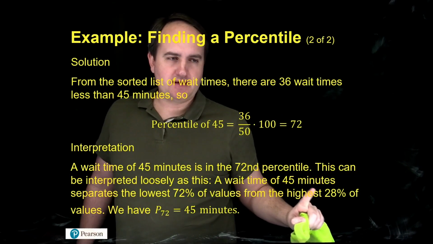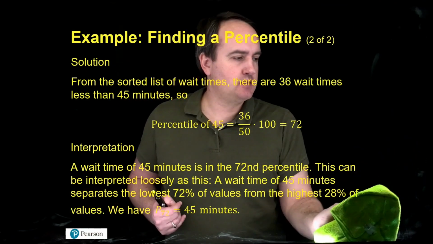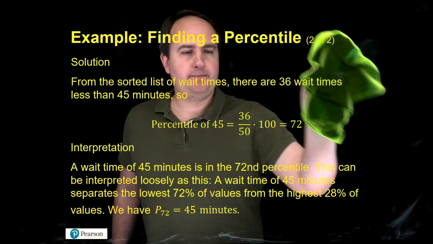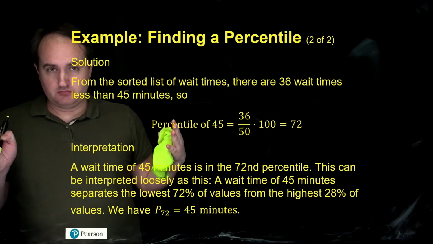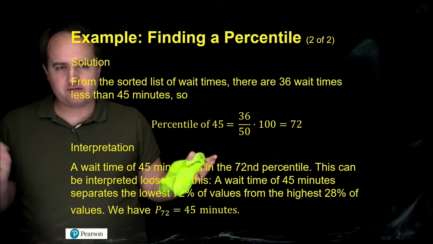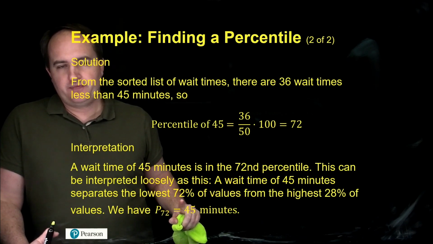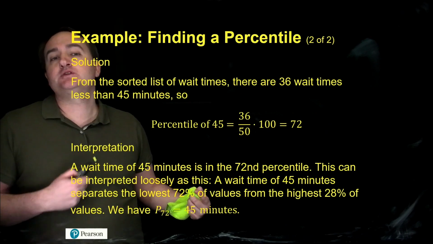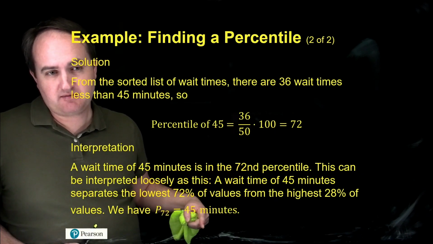So how did they get 28%? Like I said, a percentile is really just a type of percent or percentage. If you have 100% total for all of your data values, and we're at P72, that means approximately 72% of the data values are below P72.